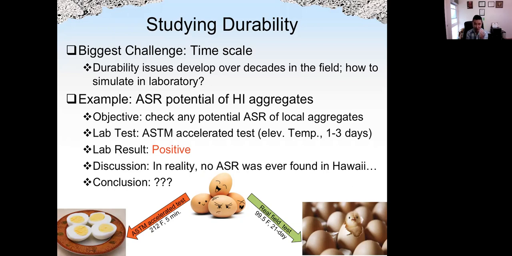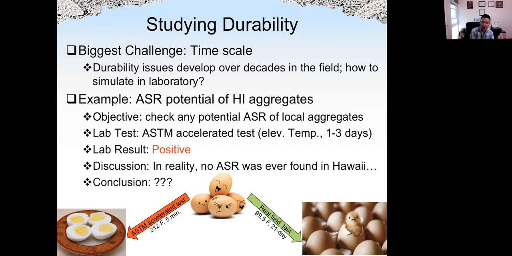But how can we find out if a certain type of concrete will be susceptible to certain types of attacks? Researchers develop different standards from ASTM and ACI. For example, for ASR potential of the concrete, we have ASTM C1260 and C1293. One is for the mortar bar test, another one is for the concrete test.